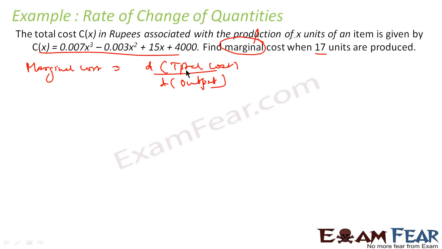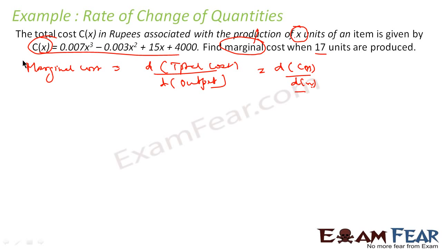That is called marginal cost. So that is nothing but d total cost by d output. Here total cost is C of x, so this is d of C of x by dx, because my output is x units and total cost is C of x.